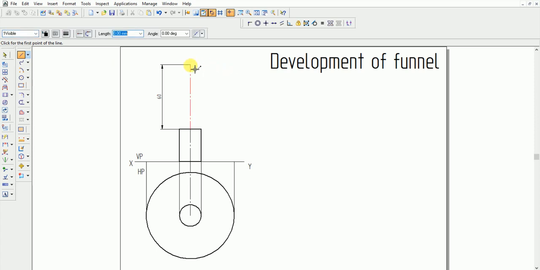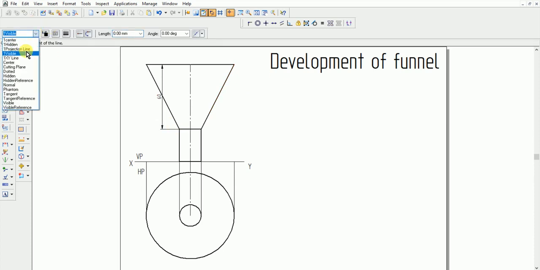So from here I would be drawing the line of 40 mm, and again from here I would be drawing a 40 mm line, which I would be joining here, and this I would be joining to this point.